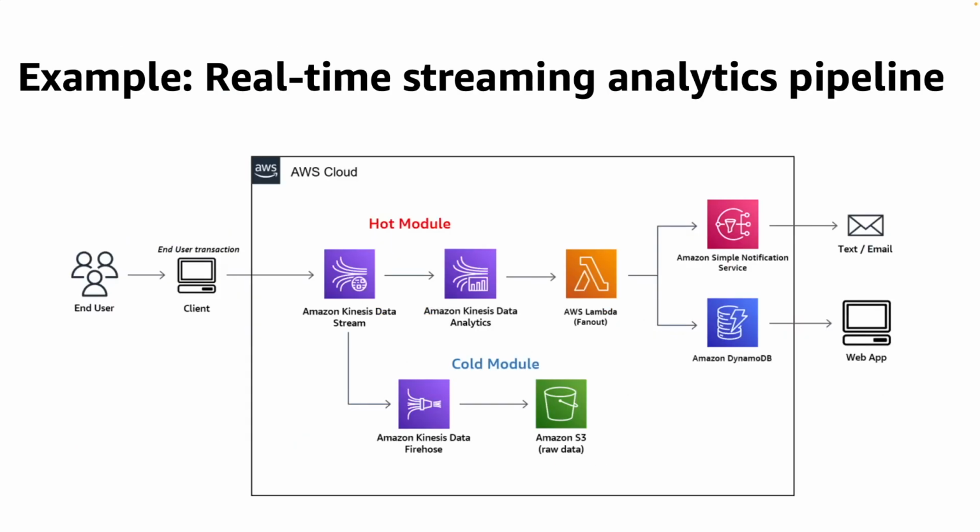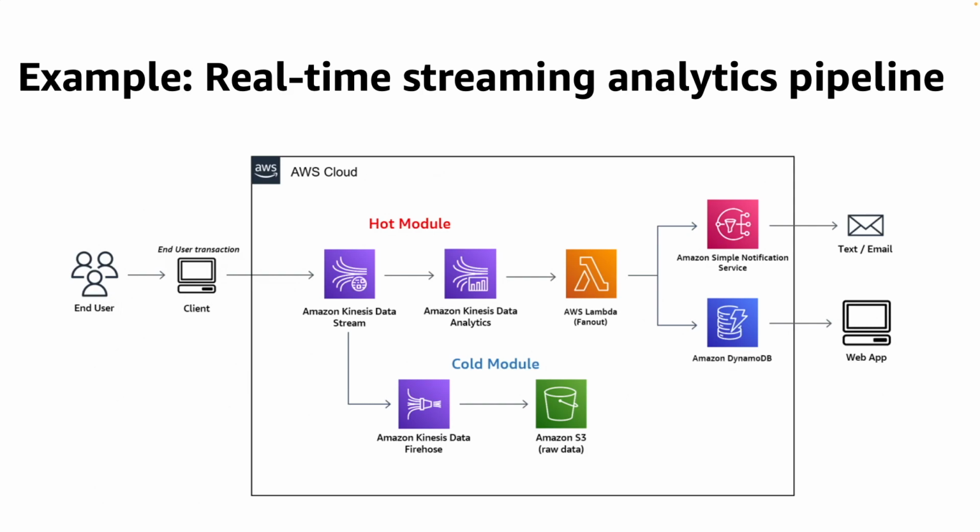Now let's take a look at a real example in a real-time streaming analytics pipeline. As I was saying, you can have the input from end user transactions. From there, they're putting the events and messages in the Kinesis data stream. From the Kinesis data stream, we have two consumers now. One is Kinesis Data Analytics, second is Kinesis Data Firehose. You can have multiple consumers for the same message, as I mentioned before.